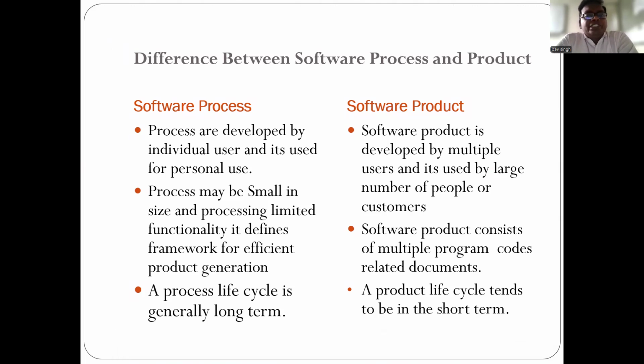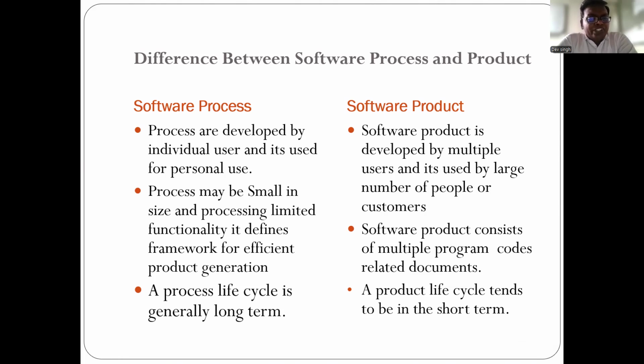Further, the difference between software process and product. The first difference: a process is developed by an individual user and used for professional use, and a software product is developed by multiple users and used by a large number of people or customers. A process may be small in size with limited functionality.